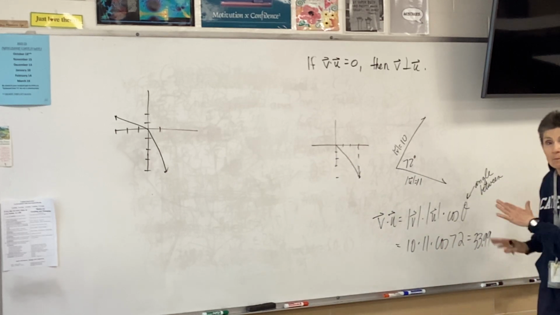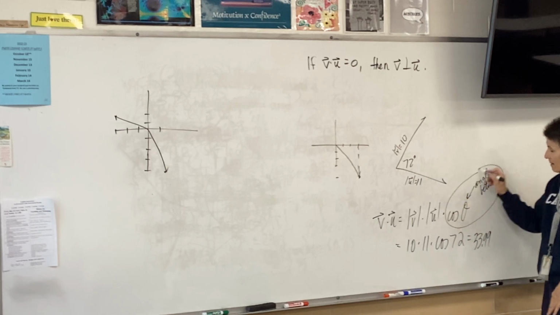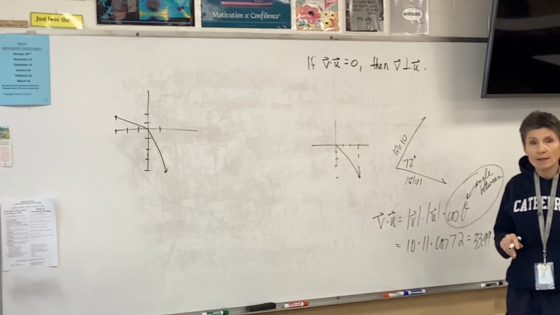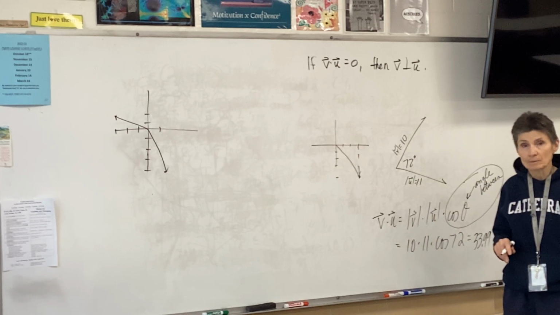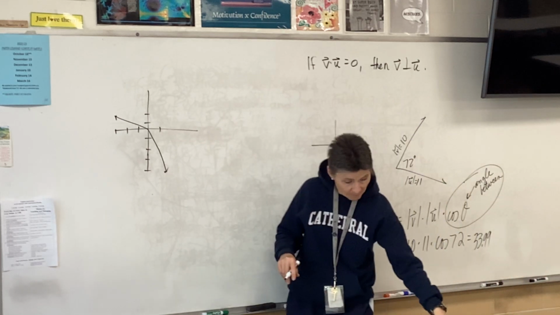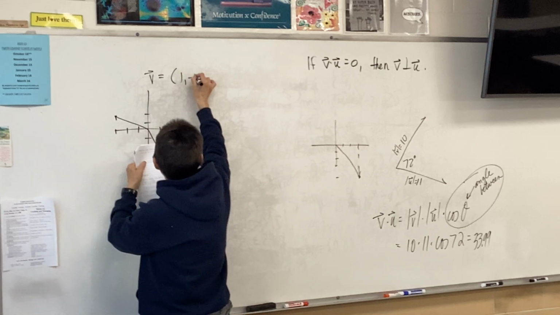Now, I want you to think about what we just talked about. The angle between two vectors is part of the dot product definition. But in this problem, I know my coordinates.